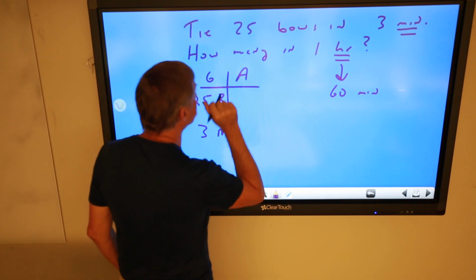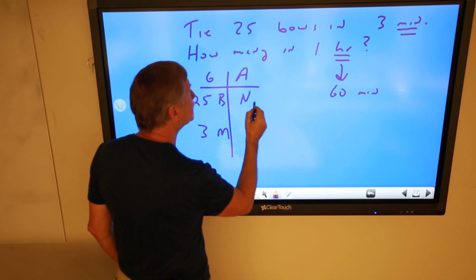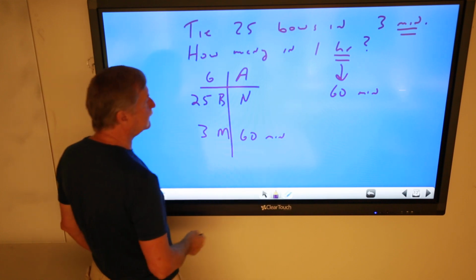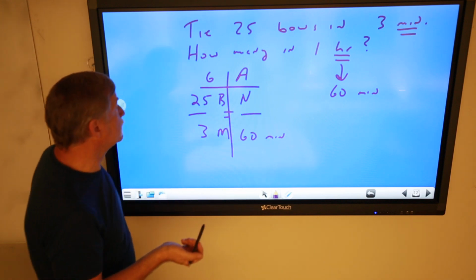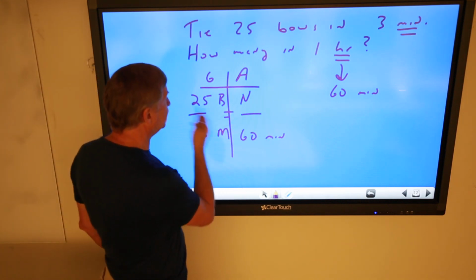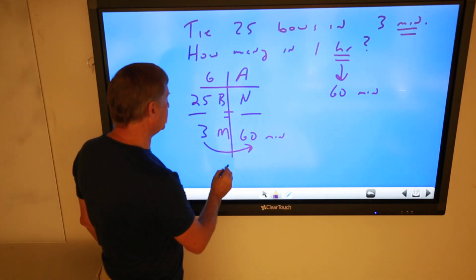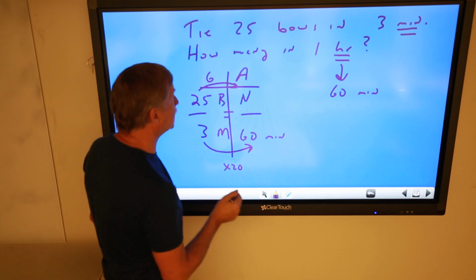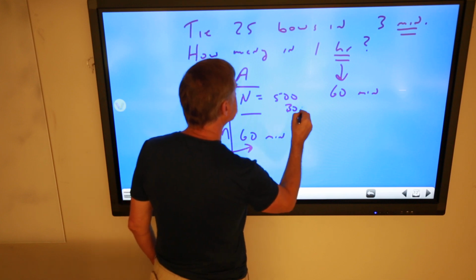Just like, actually, how many bows, we don't know, goes in 60 minutes. And so we can do 25 times 60 divided by 3, or you could do 3 times 20 makes 60. So 25 times 20 is 500 bows.